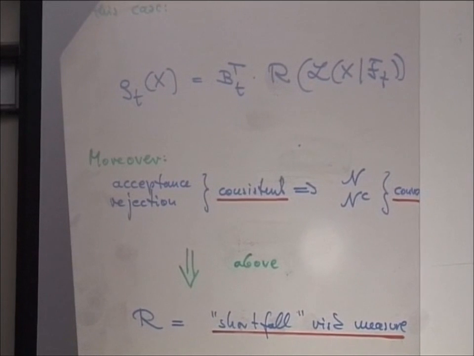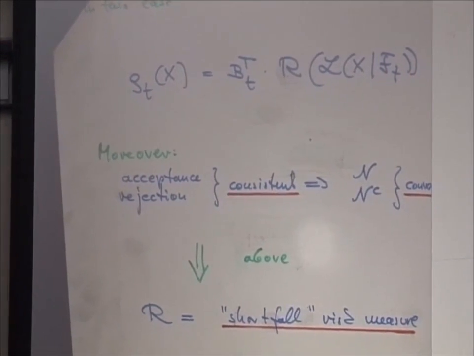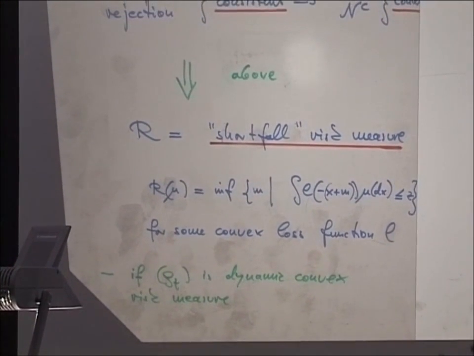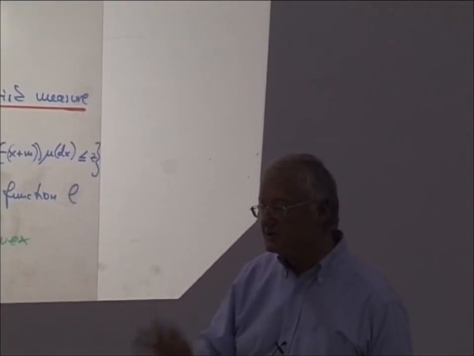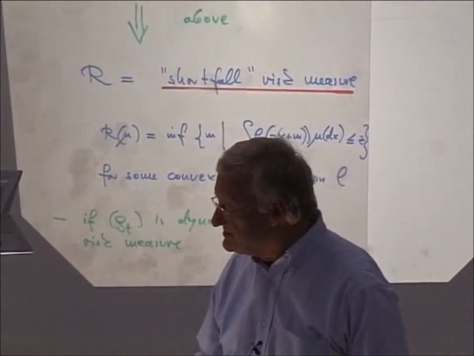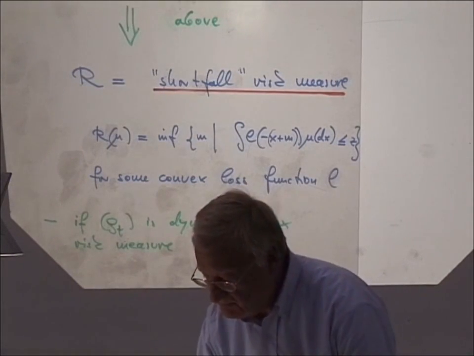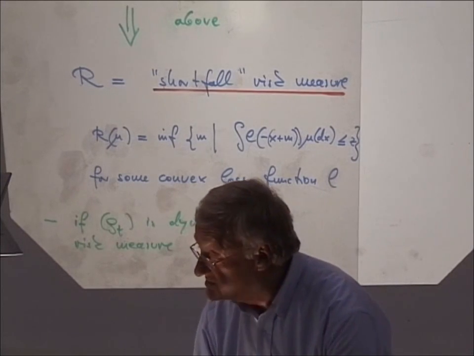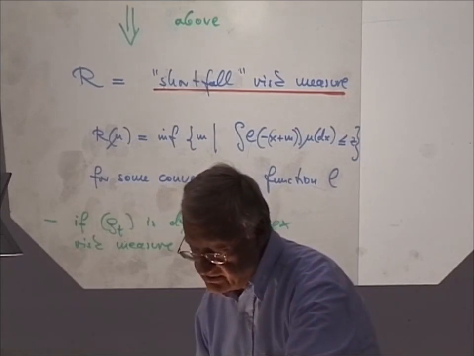And by the above arguments in the static case, R must be the shortfall risk measure for some convex loss function L. And so this is one line of argument which singles out one specific choice for a dynamic risk measure, namely a shortfall risk measure applied in this way. Okay, that's one other aspect of time consistency which was used here in the sense of acceptance and rejection consistency.